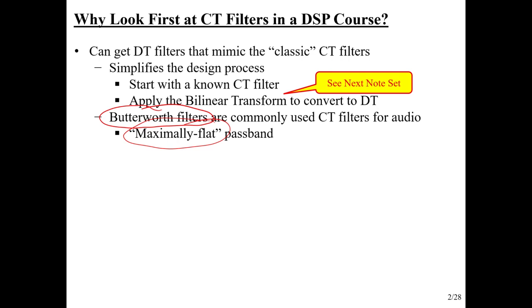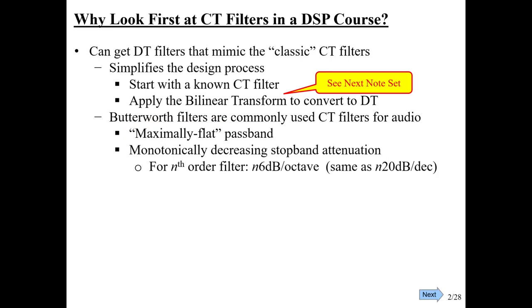So if you want to go into more detail, there's lots of reading on analog filters, and you can read all about Butterworth filters and what that maximally flat really means. Butterworth filters are also monotonically decreasing in the stop band. They just keep going down, down, down, down.